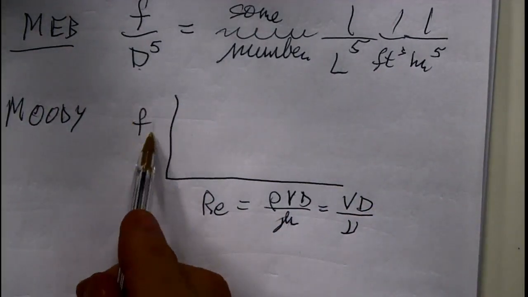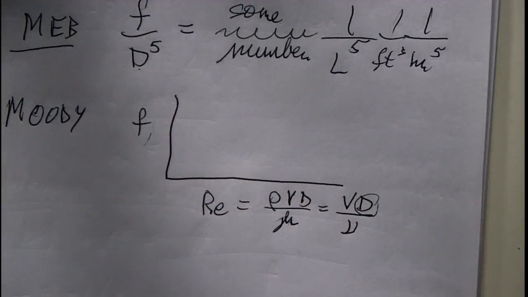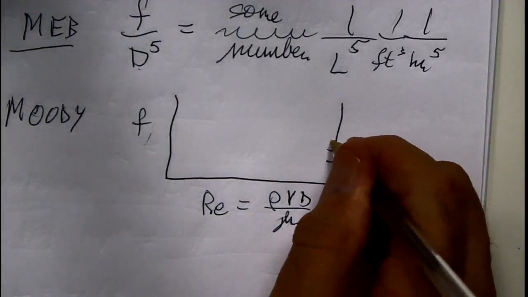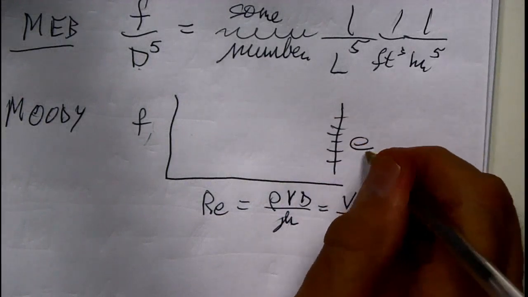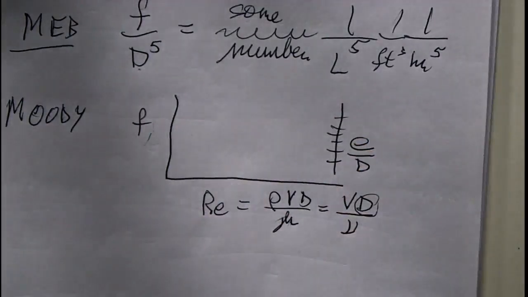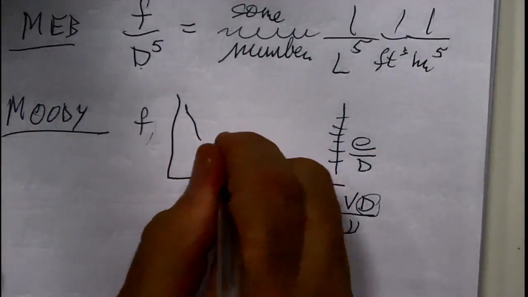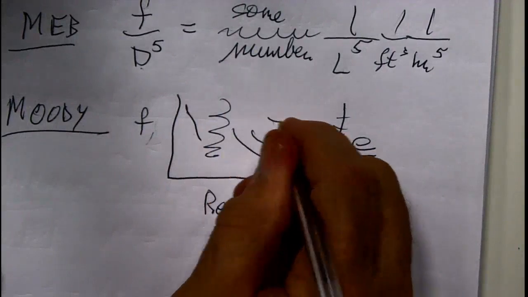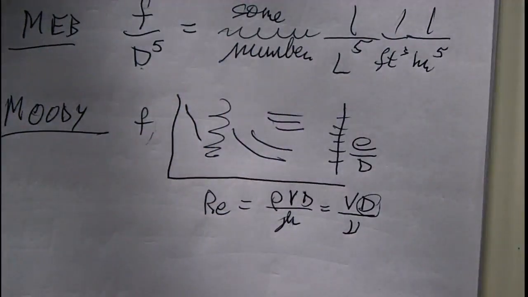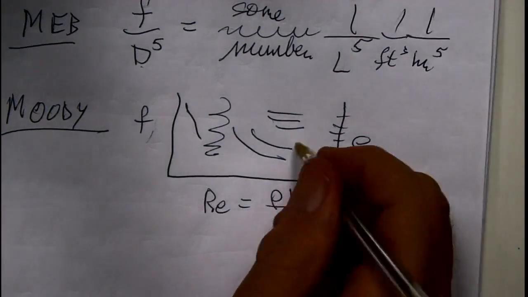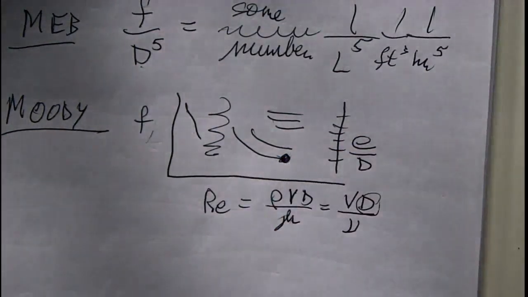So we have friction factor as a function of diameter. And we also have a terrible situation where we have E over D effects, and the 4 different flow regimes involved. So if we're sitting in here, this is the worst type of problem.